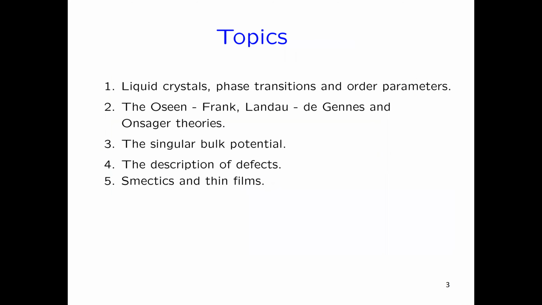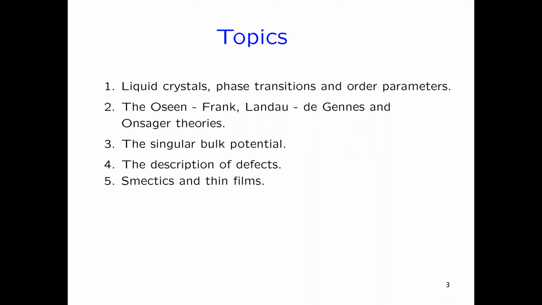Okay, so here are some of the topics I'm going to talk about. I'll give some kind of introduction to liquid crystals and phase transformations and the variables one uses to describe them, the so-called order parameters. Then I'll talk about various theories: the Oseen-Frank theory, which is the oldest one, and the Landau-de Gennes and Onsager theories, which are perhaps more popular with physicists now.